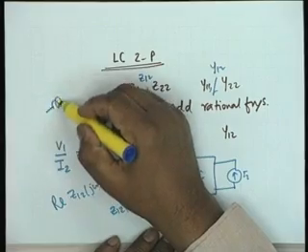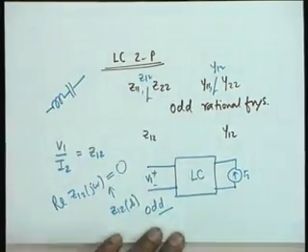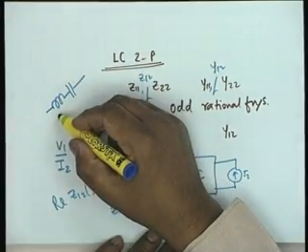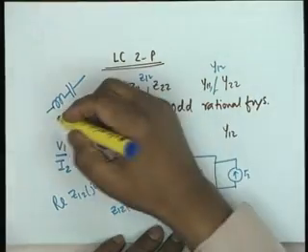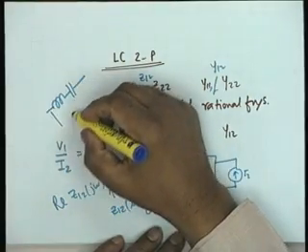Not an example, it's a case of resonance. In the case of resonance, well, I was expecting this. If you have a voltage V and current I, this is a driving point function.